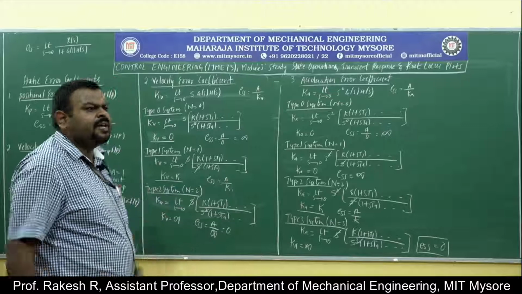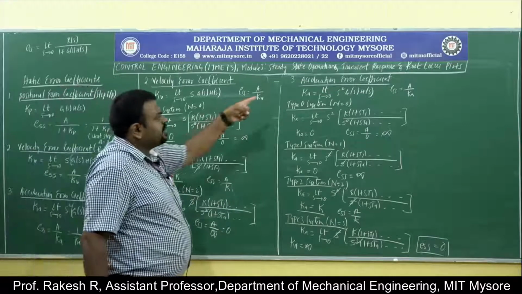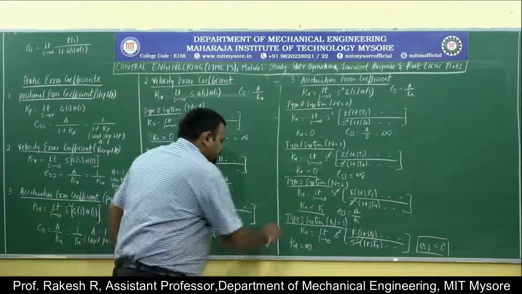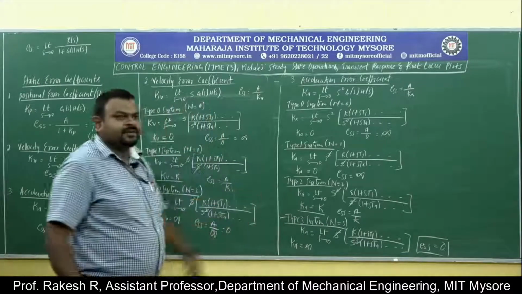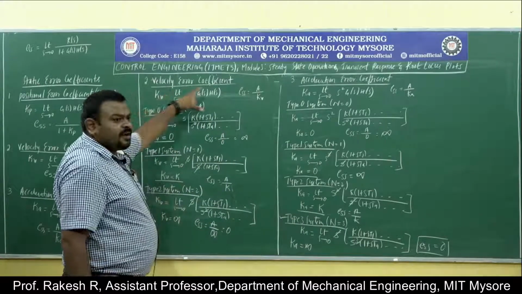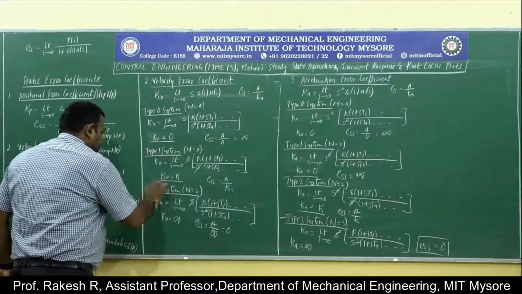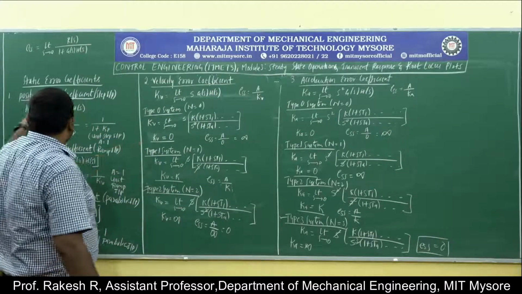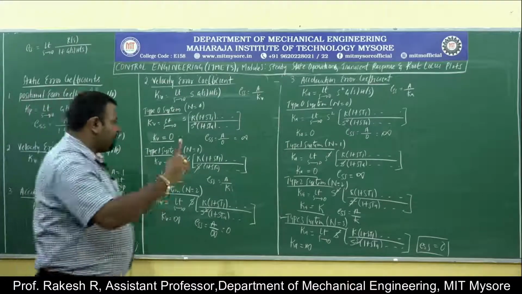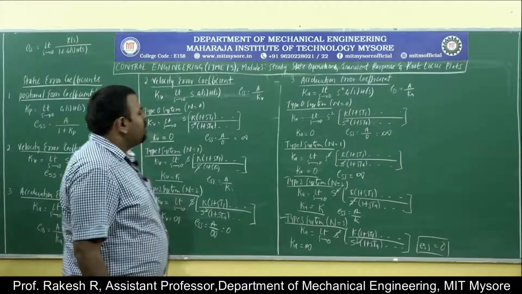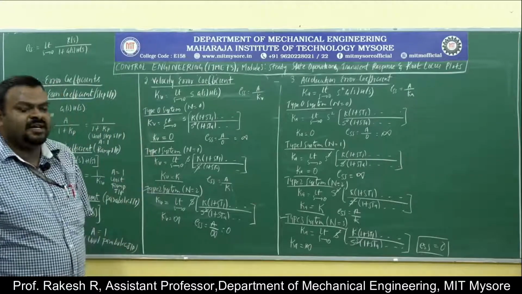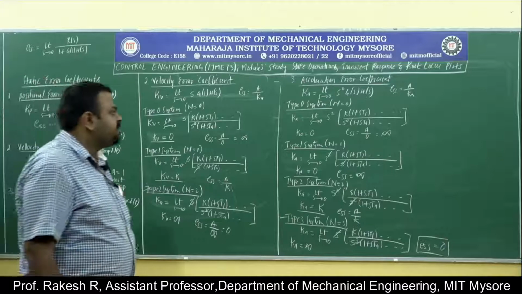So here you have to identify. If you consider acceleration error coefficient, up to type 3 system, you can work. If you are using velocity error coefficient, up to type 2 system. If you are using positional error coefficient, up to type 1. So various proportionality constants will give you the steady state error.